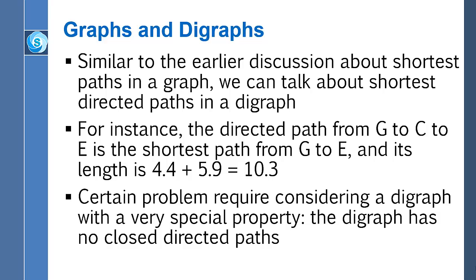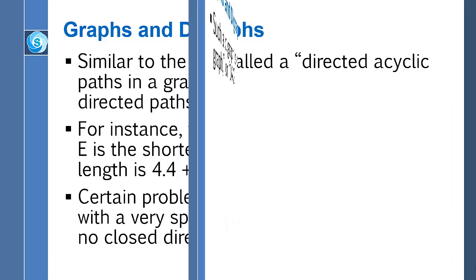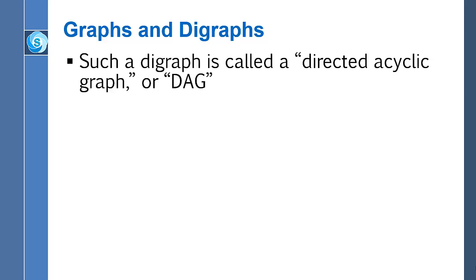When you're interested in finding shortest paths, and frankly in other contexts too, there's a very important question that comes up concerning digraphs: are there any closed directed paths in the digraph? If a graph does not have any directed closed paths, then we say it is a directed acyclic graph.